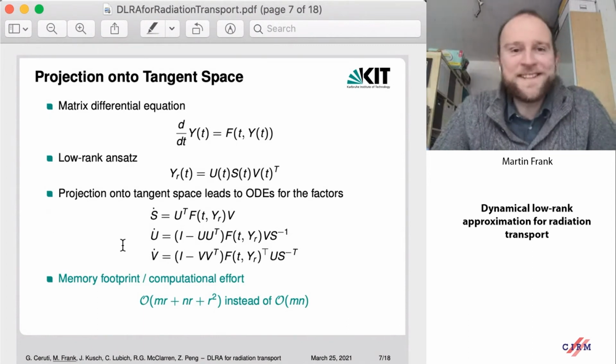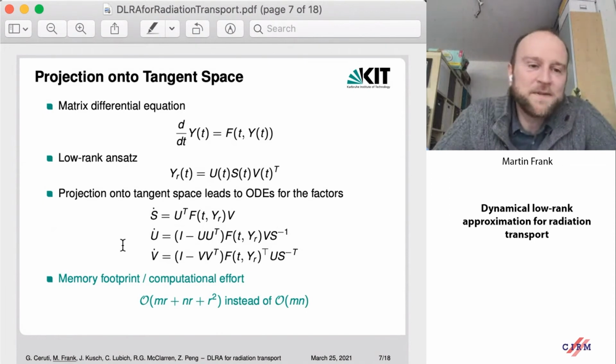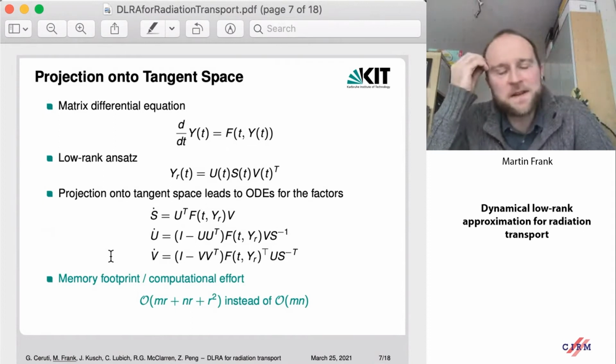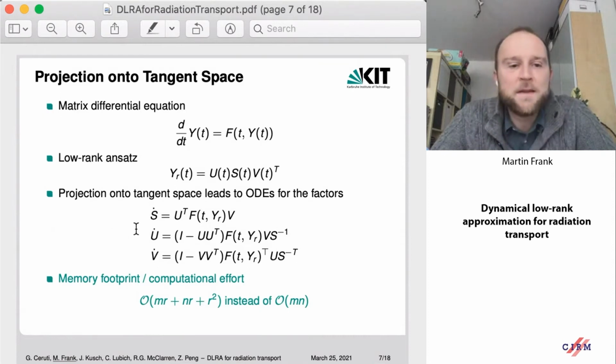There are some ugly details to this, which I will just brush upon, but in principle, it's a very nice method. And now, coming a little bit to the motivation of this, if I look at now this system, if I now propagate these 3 factors of the decomposition instead of the full solution, what's my advantage? The advantage is that I only have a linear effort in the large discretization numbers.